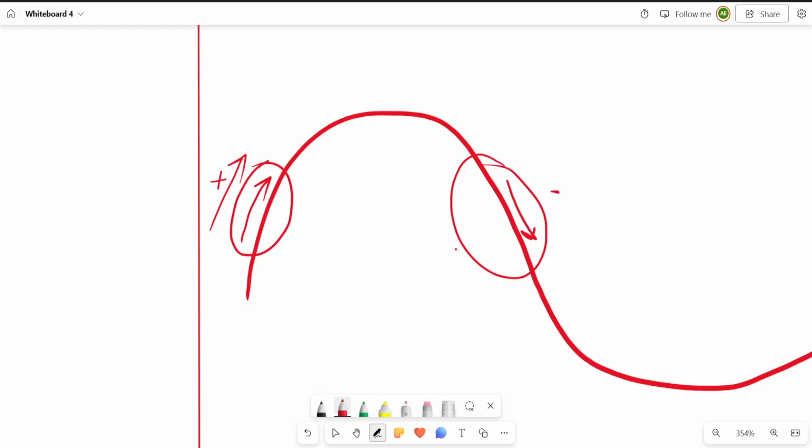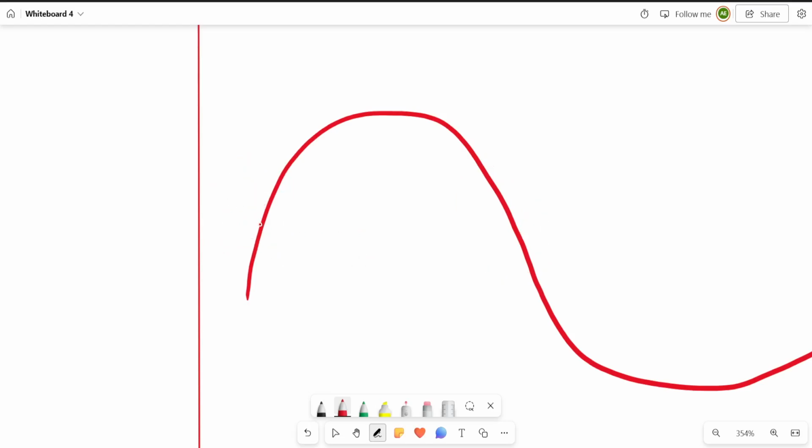So let's say in this part where the gradient is positive, we know that it's a curve, so at each point the gradient is different from the other points. Let's take a look at what's happening at those 3 points. Let's say the gradient here is a positive number, let's say 2. The gradient over here is, let's say, 1.